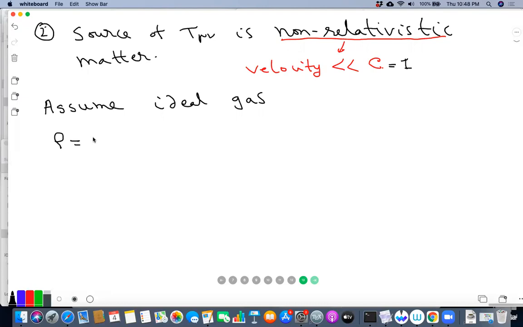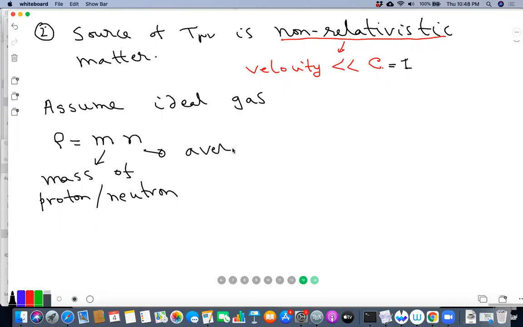Anyway, rho is given roughly by m times n, where m is the mass of the proton or neutron, and n is the average number density of protons and neutrons.